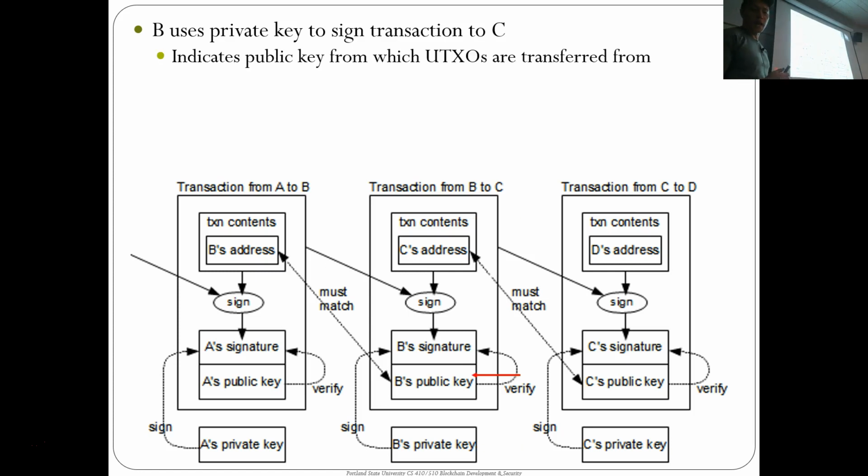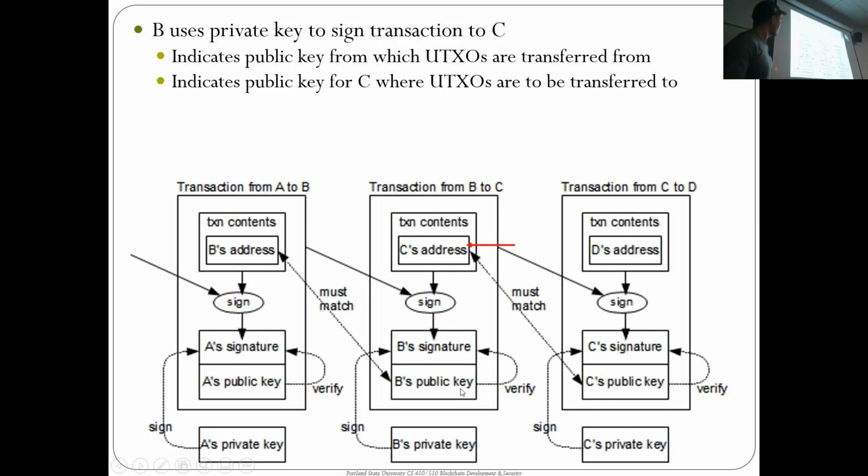The first thing that happens is that it indicates the public key from which the UTXOs are transferred. So this is B's public key as part of the message. And then it indicates the public key of the recipient. In this case, I want to send it to C. So this transaction has B's public key, and it has C's public key as part of the address.